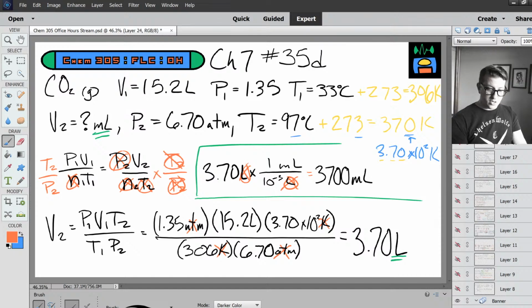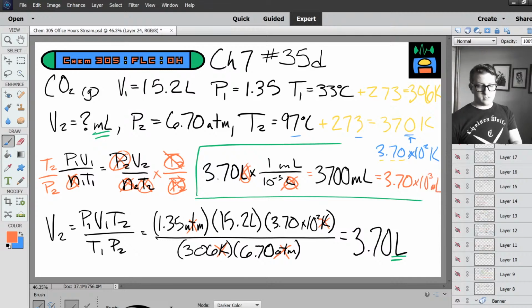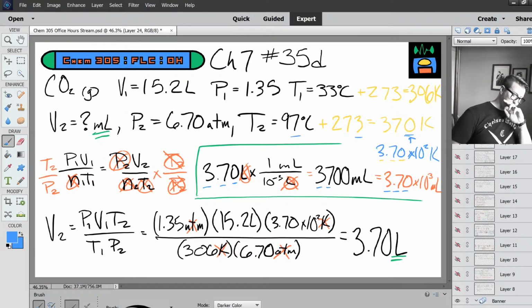So we're actually going to have to go back to scientific notation. 3.70 times 10 to the third milliliters. Because 3,700 only has 2, but you need 3 because your answer has 3. So that is the answer for part D.